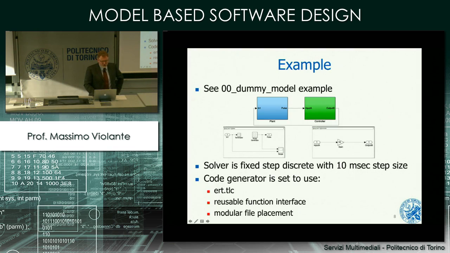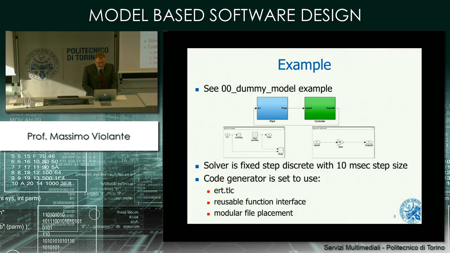Here we will use a solver with fixed step discrete time with 10 milliseconds of step size, and then we will use the code generator to see what is happening when we translate the controller into code. We will see all the steps together so we can understand what we have to do here.